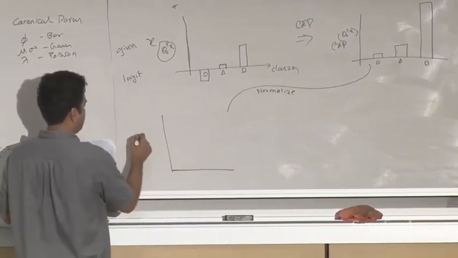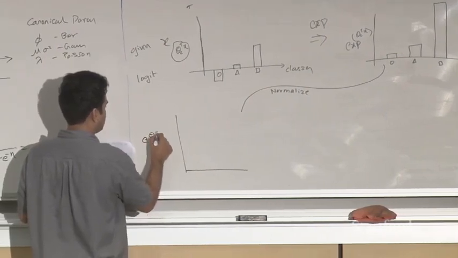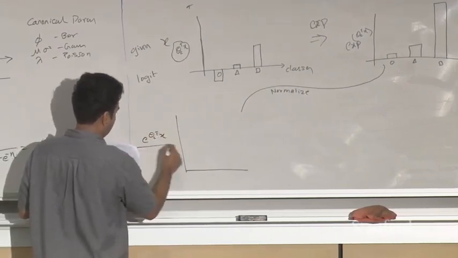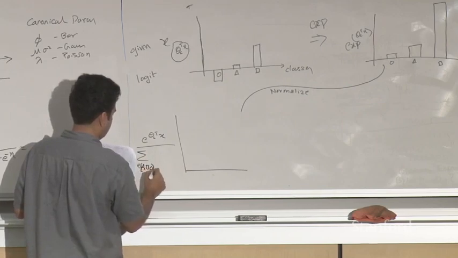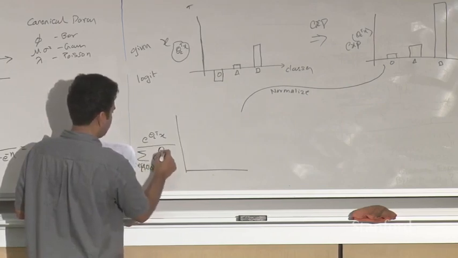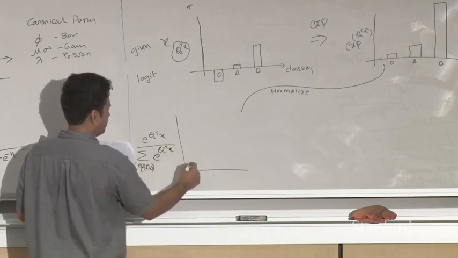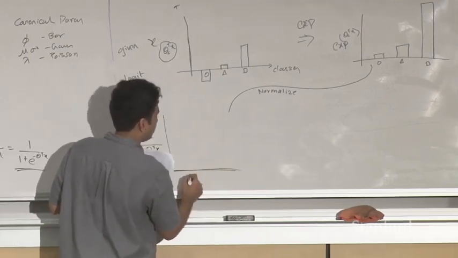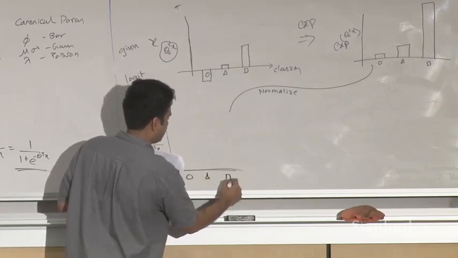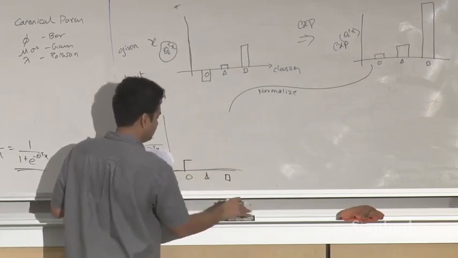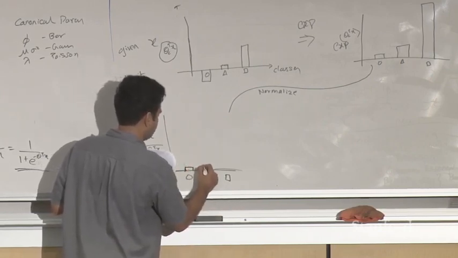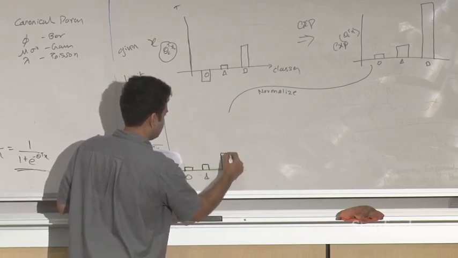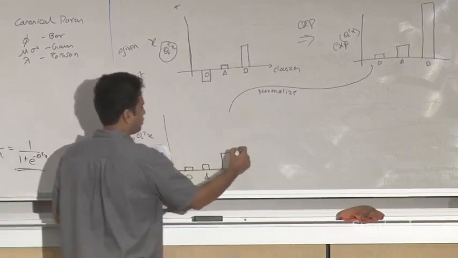So here we have e to the theta class transpose x over the sum over i in triangle, square, circle of e to the theta i transpose x. Once we do this operation, we now get a probability distribution, where the sum of the heights will add up to 1.